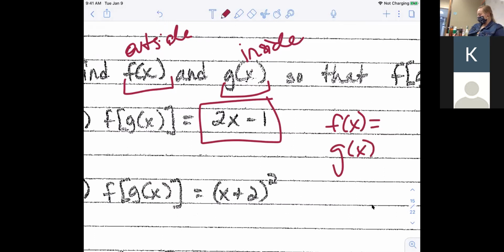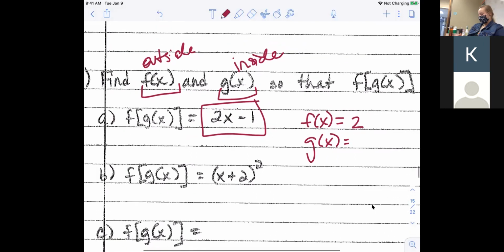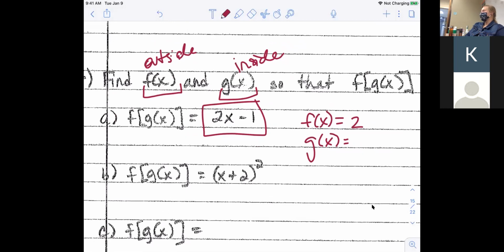Well, it looks like 2 is on the outside of this function. I think this is easier than you think it's going to be. 2 is being multiplied by x. I have 2x minus 1.